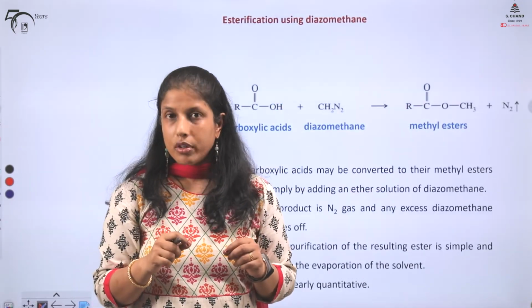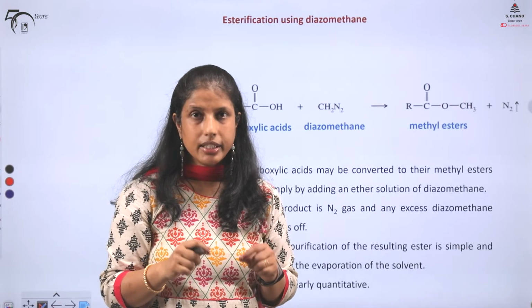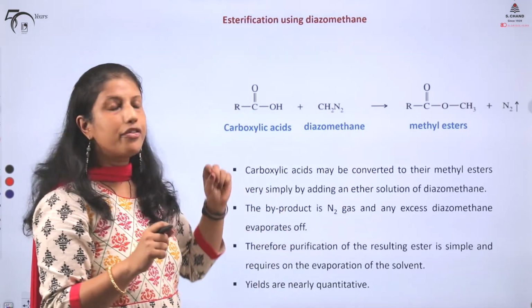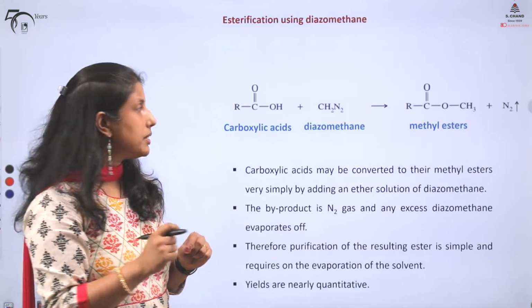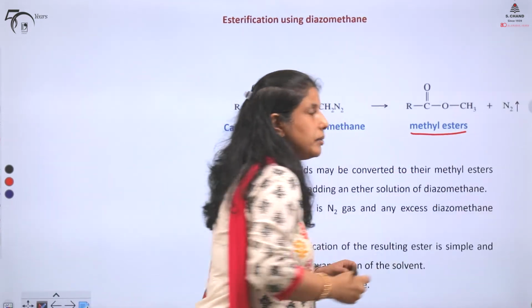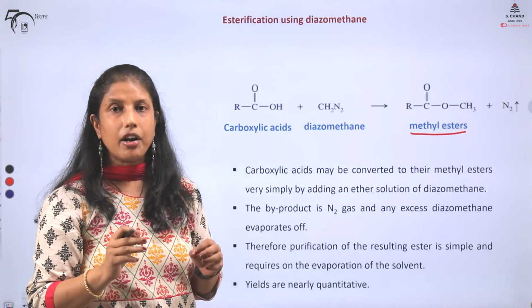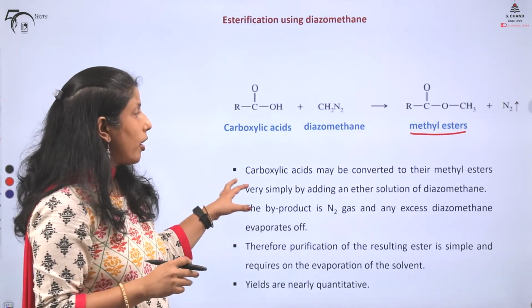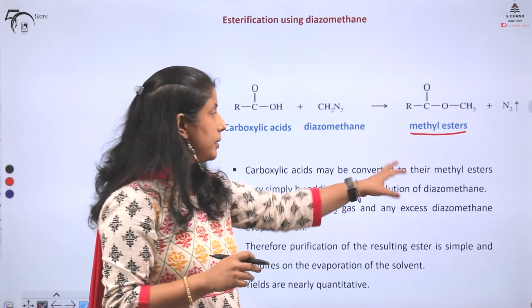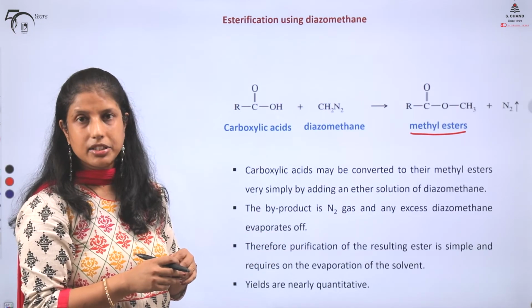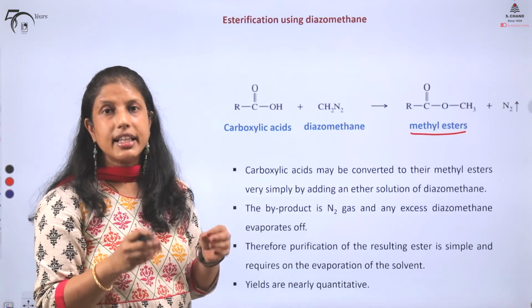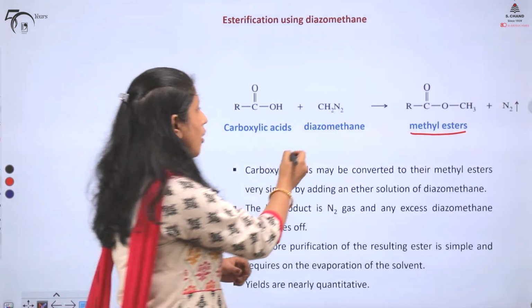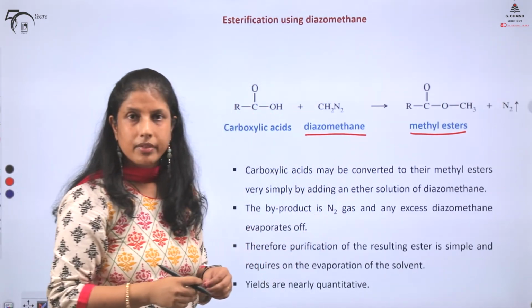Just a couple of more reactions which are important. The first is if we want to convert our carboxylic acids more specifically to our methyl esters. How is that achieved? The carboxylic acids can readily be converted to the methyl ester by simply treating our acid with an ethereal solution of diazomethane.